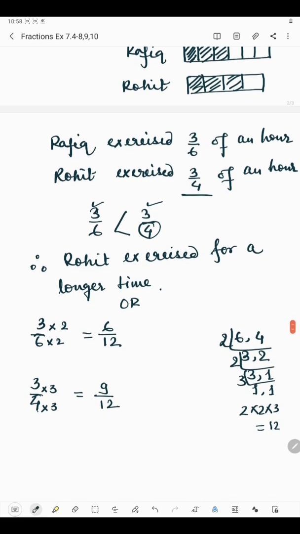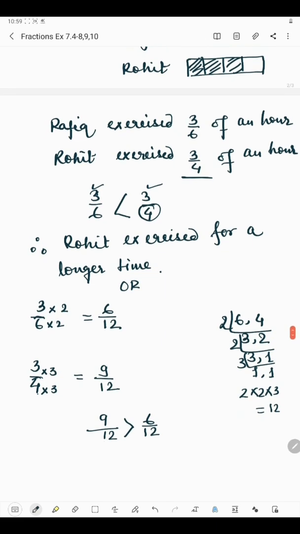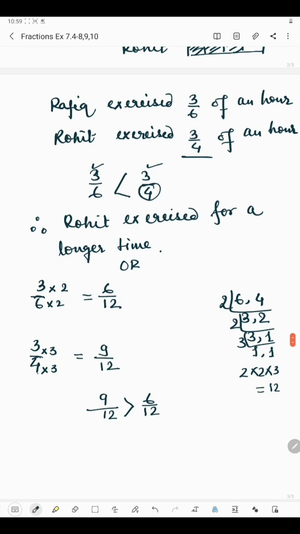So what we have seen is that 9 by 12 is greater than 6 by 12, because when the denominator is the same, we just compare the numerator. Since 9 is greater than 6, 9 by 12 is greater than 6 by 12. And 9 by 12 means which fraction? 3 by 4. 3 by 4 is greater than 3 by 6.